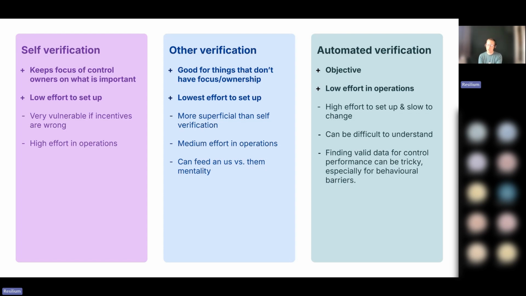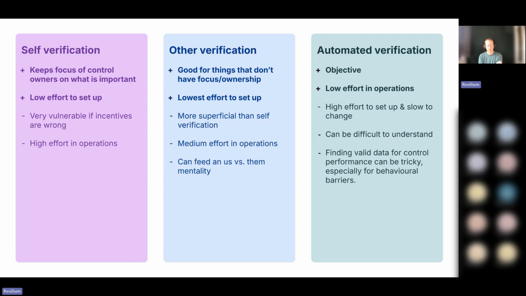But for behavior, this is obviously very difficult. If people have good examples of where they did this, I'd be happy to hear about it. I think it's in general very tricky. So you're left with the other two: either somebody verifies themselves, or you have an auditor, essentially, so some other verification.